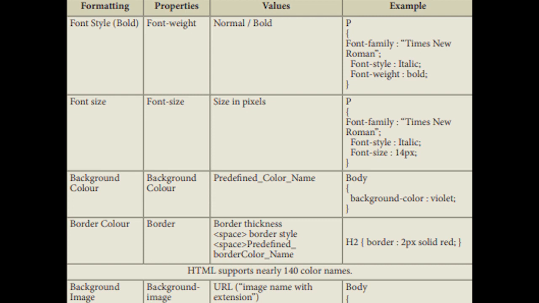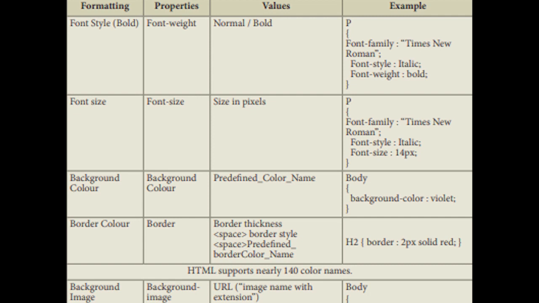The property is border, and for the value you have to give the border thickness, space, border style, space and any one predefined border color. Here you can see an example, H2. That is an HTML tag, and inside the curly bracket you'll have border, colon, and then 2 pixel solid red. That is a color.